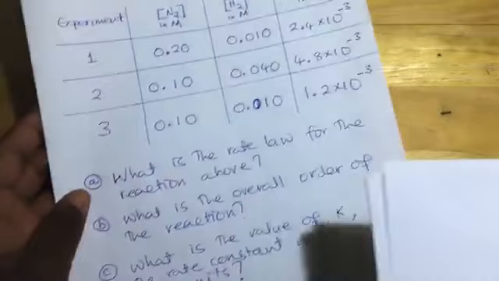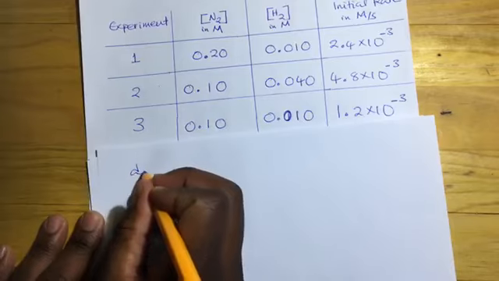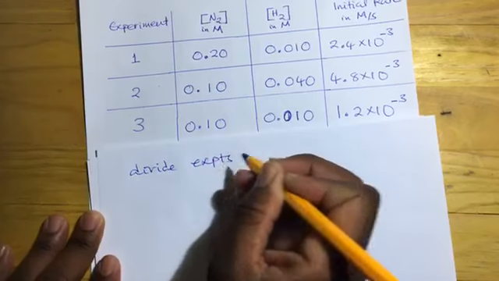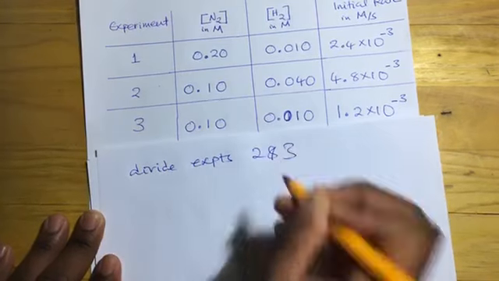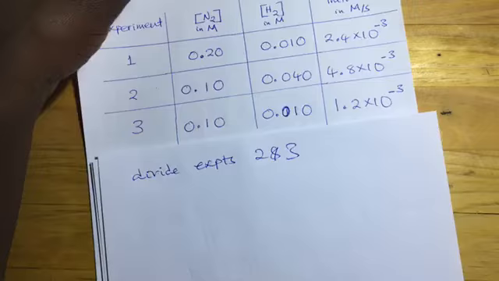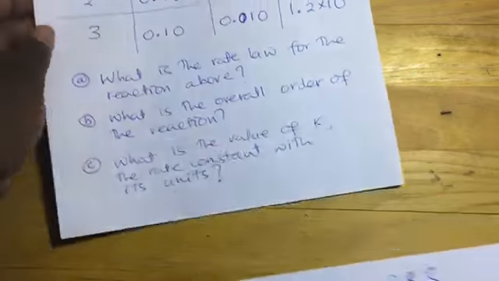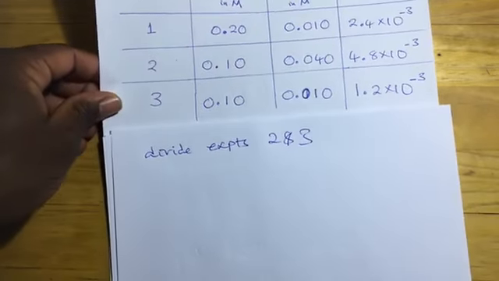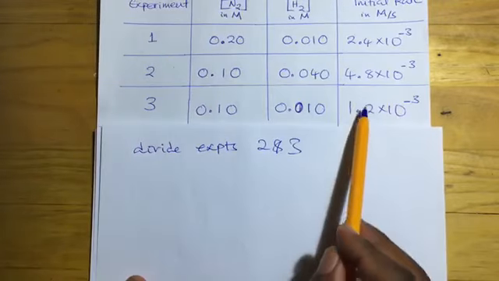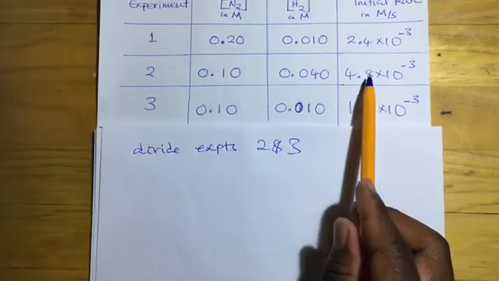So, experiments 2 and 3. So, divide experiments 2 and 3. Now, we need to be careful here. We want the experiment with the larger rate.